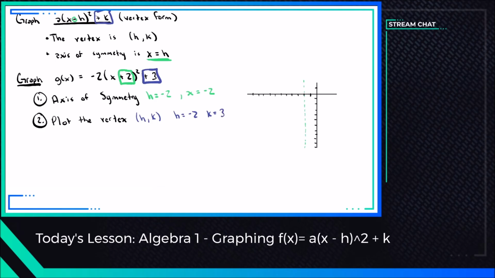So the term in the parenthesis changes the sign. The term outside the parenthesis doesn't change the sign. And so our vertex is going to be negative 2, positive 3. And so that's going to be up there. I needed to extend this a little bit more. There we go.